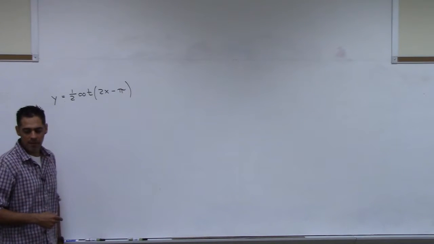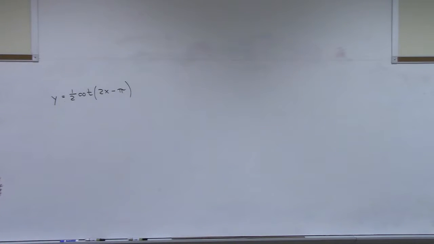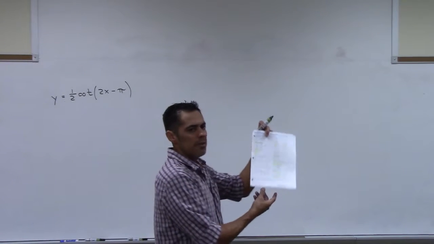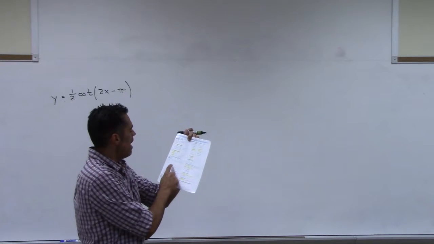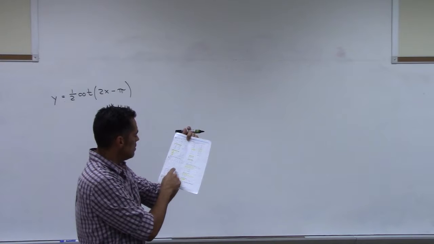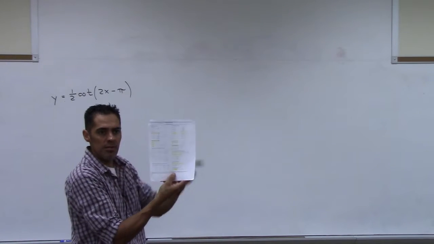That's right. Now, if you didn't remember that, on reference page 2 of your formula sheets, it has the graphs of sine, cosine, tangent, cosecant, secant, and cotangent. Since cotangent is there, you can see what it looks like.